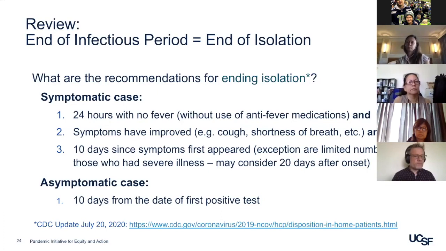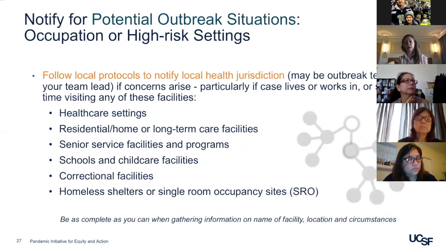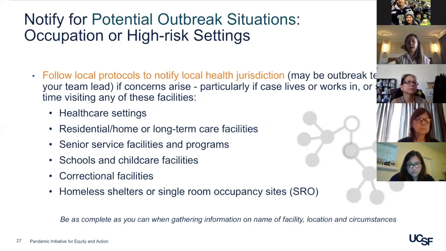Can I just say something? Now, as you go through that contact elicitation window, you'll hear about different activities that people may have done in that infectious period. So this is really important to keep an eye out for any potential outbreak or high risk settings.